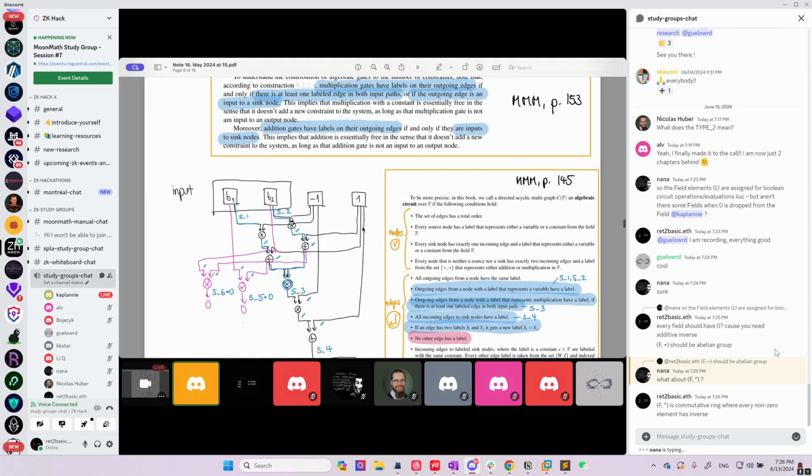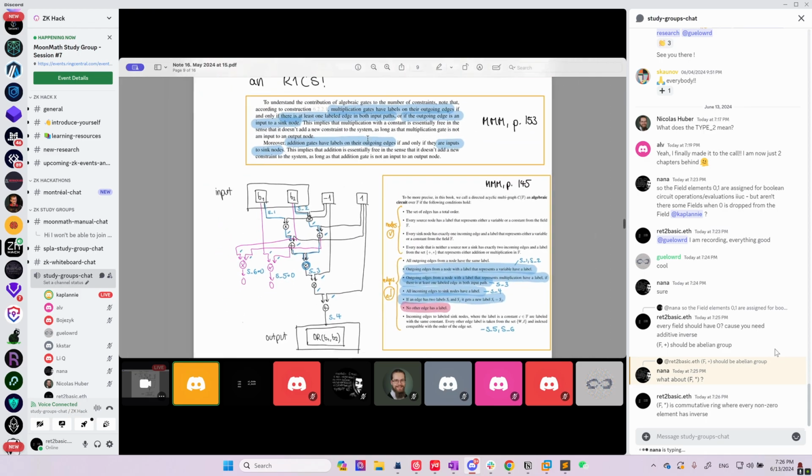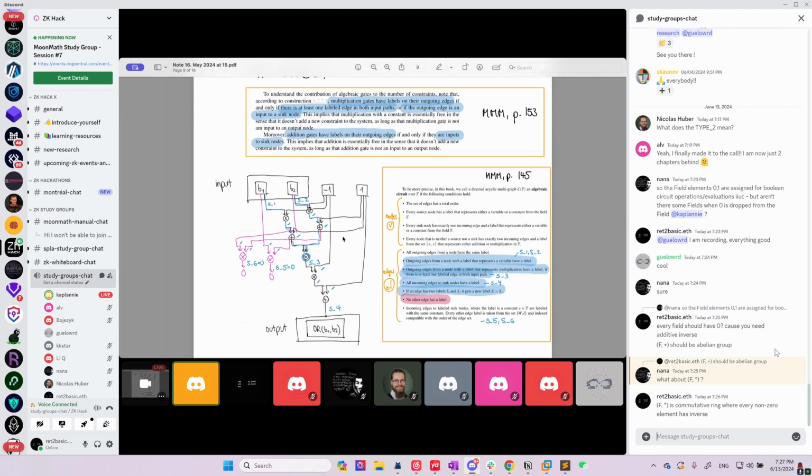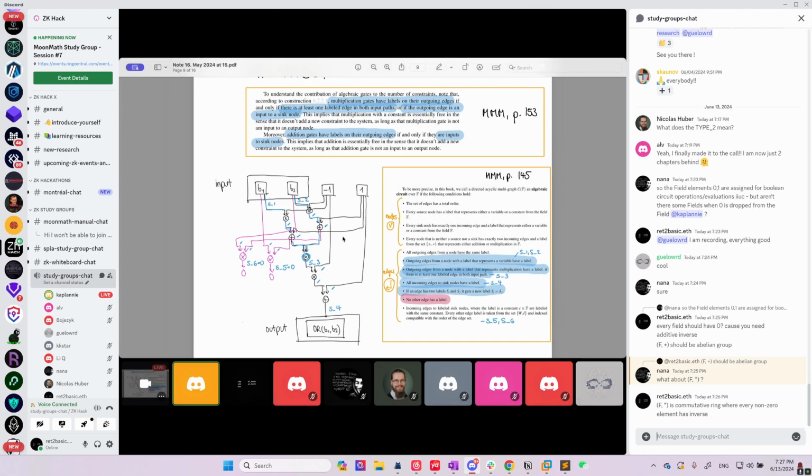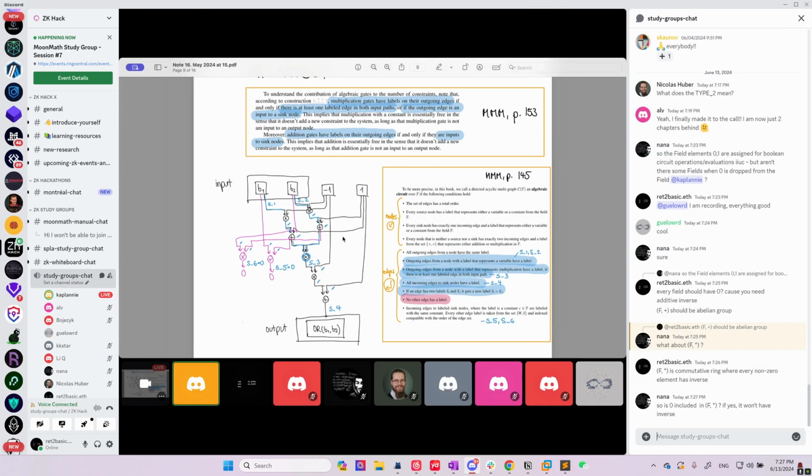To summarize it, I think this paragraph is also good. Multiplication by a constant is basically not a problem, because in the R1CS we can put it in one constraint. If it doesn't add new variables or anything, then a multiplication by a constant is not going to add a constraint.